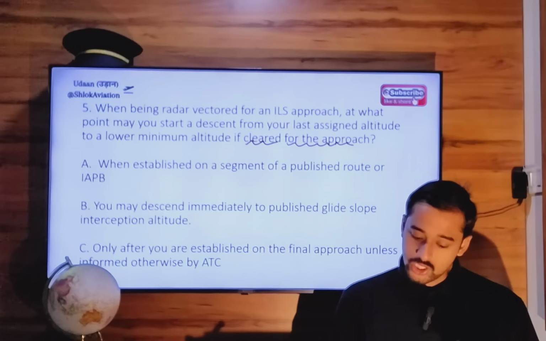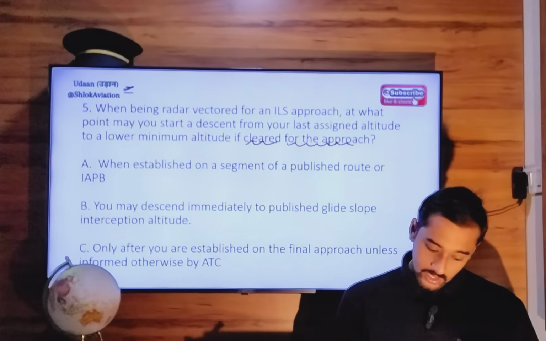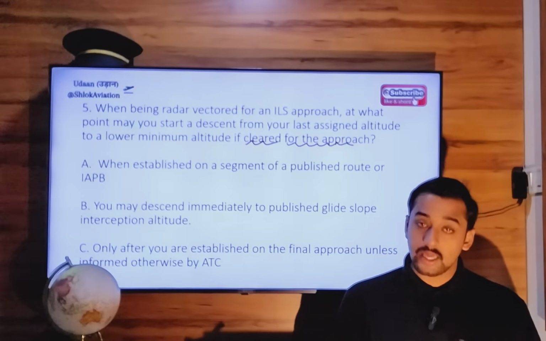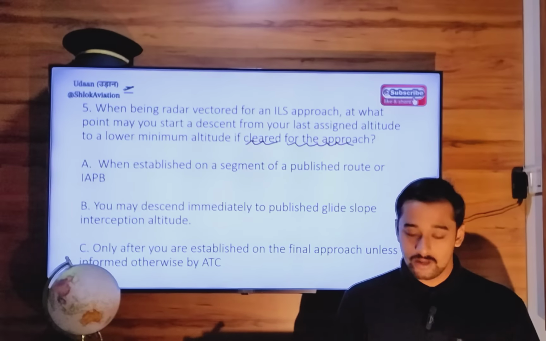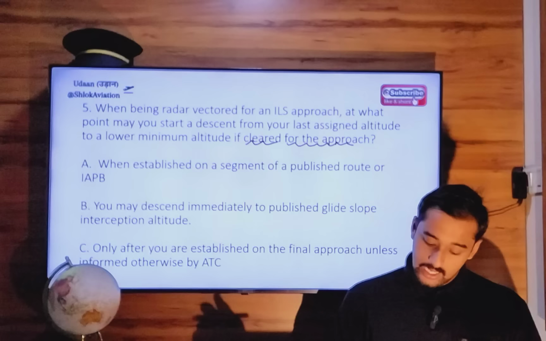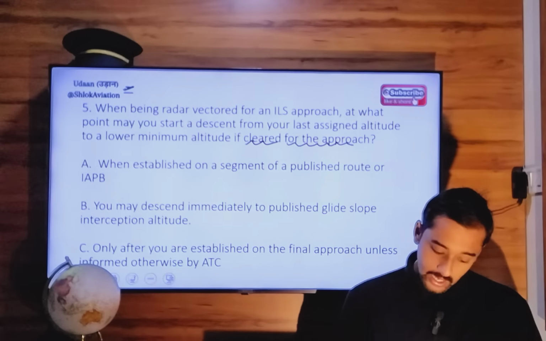So when established on a segment of a published route or instrument approach procedure, you may descend immediately to published glide slope interception altitude only after you are established on the final approach, unless informed otherwise by ATC. So correct option is option number A.